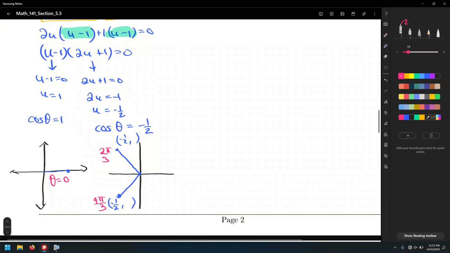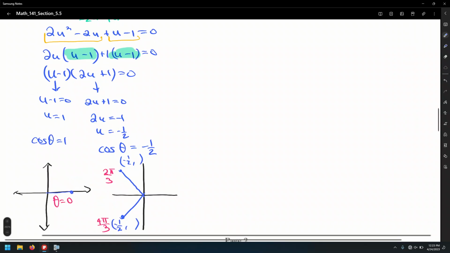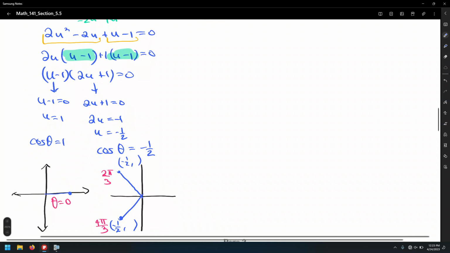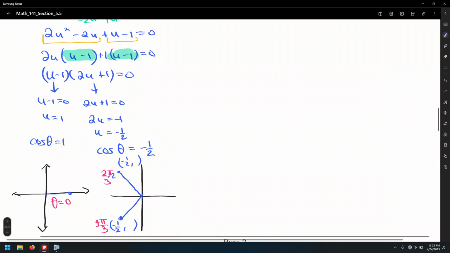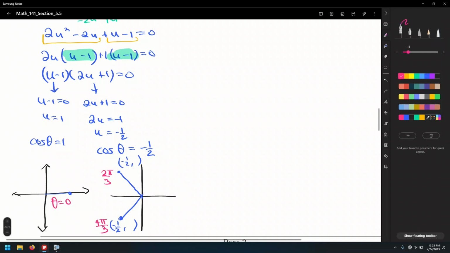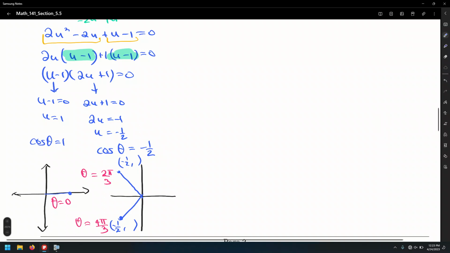All right, so let's see about this. Let's go back to the top and write the three expressions, the three generating solutions. So number 1, and that's going to be 3 because we had 3 solutions, one from the first equation and the other one from the second equation. First of all, theta equals 0 plus 2 pi k.